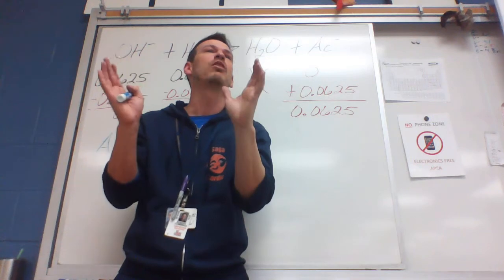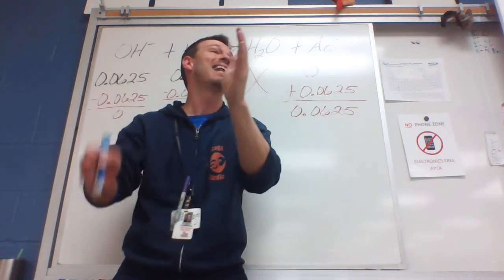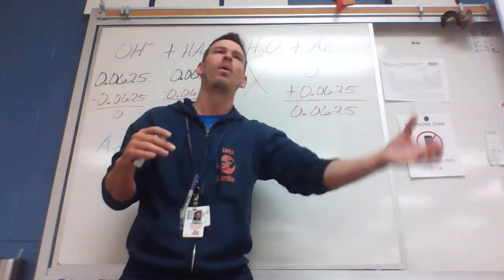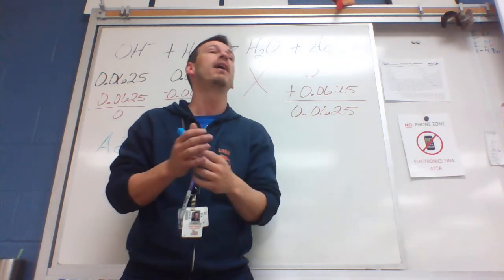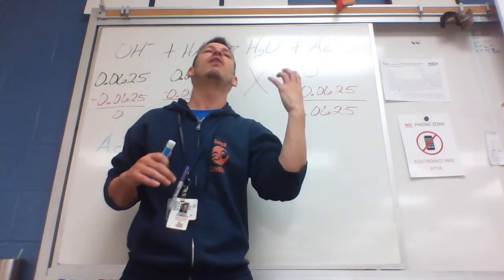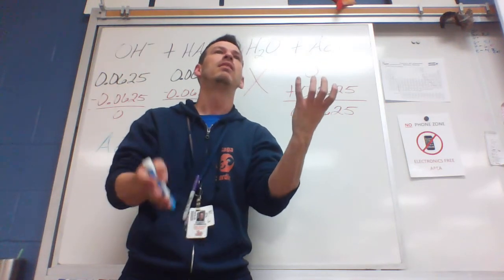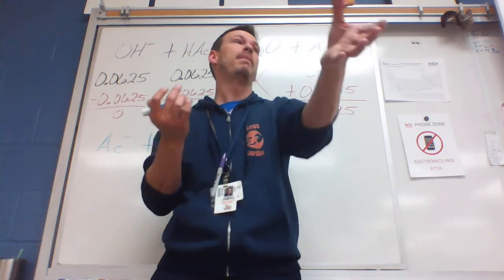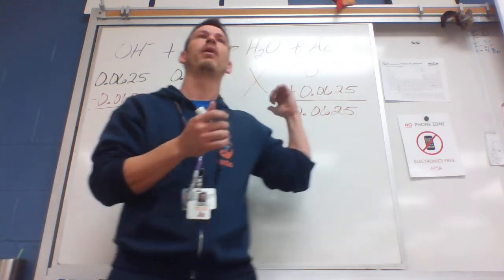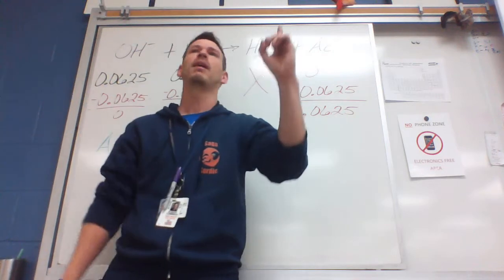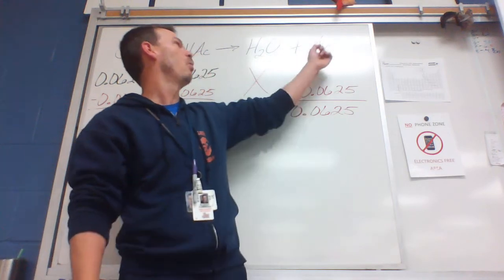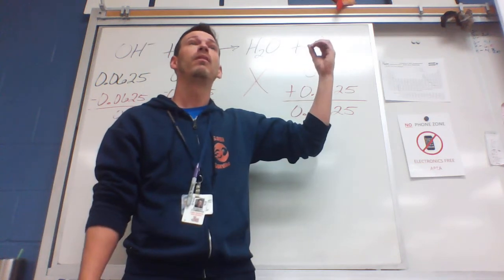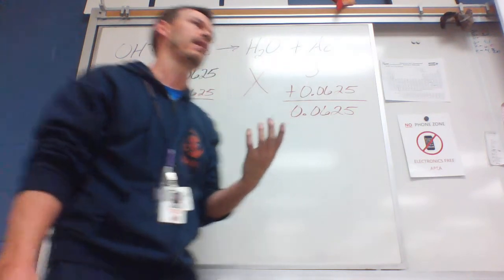And if it's not a buffered solution and it's not a weak acid or base that we analyzed last unit, then you're going to do hydrolysis, because the acetate can be bonded to any metal to create a salt. If you look at what you have here and you know it's not a buffer because you're missing something, and you know that what you're left with is not obviously a weak acid or weak base in its form, then we need to do hydrolysis like we did last year.